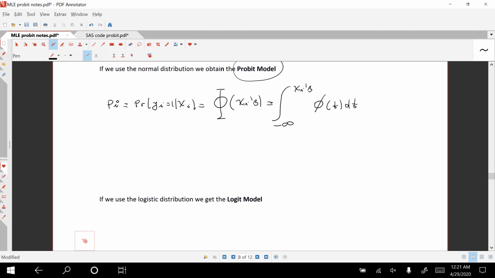I don't know if you're kind of confused about these things. Remember, these are just functions. They look kind of complicated. So this is the standard normal cumulative density function.